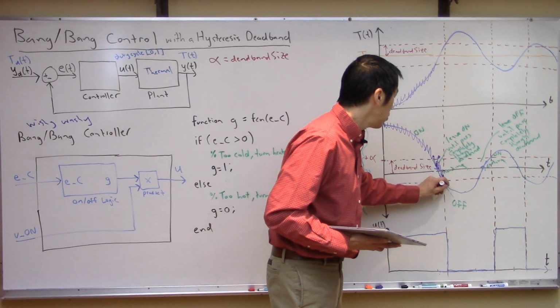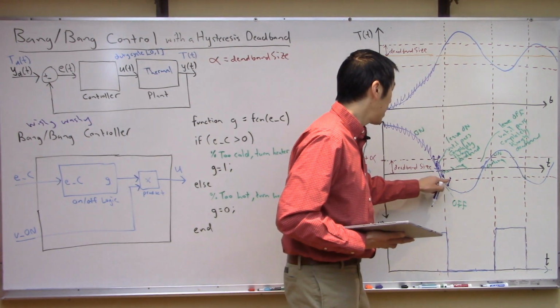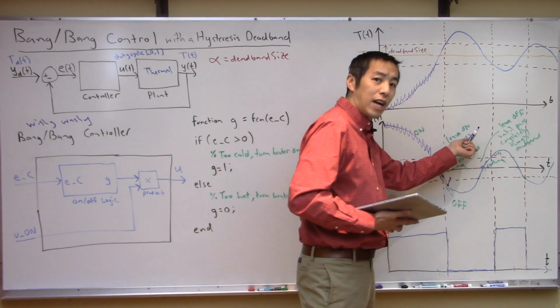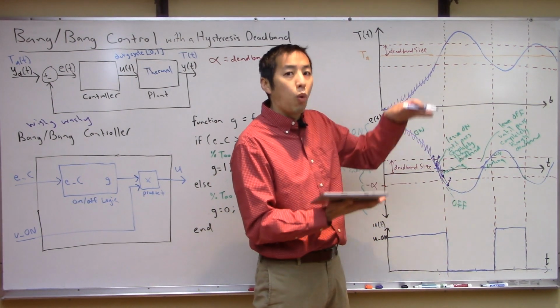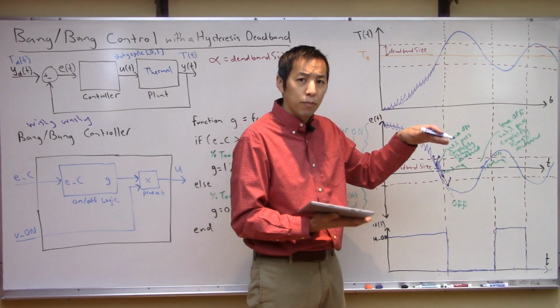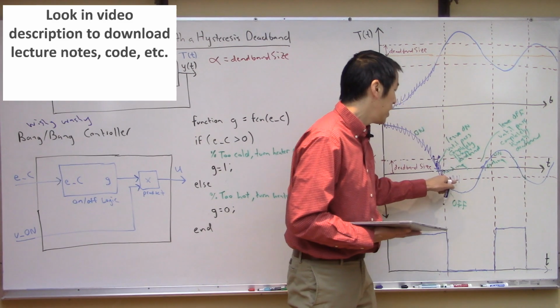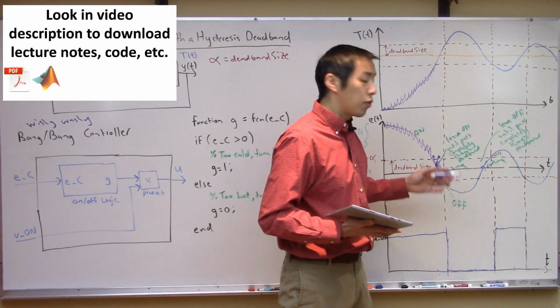So even if the noise bumps you back into the deadband, you stay off, because we're not going to flip the heater back on until you reach the complete other side of the deadband. So as long as this deadband is wider than, say, your noise profile or your noise power, this thing that might bump you in and out of the deadband isn't going to matter, right? So that's why this works.